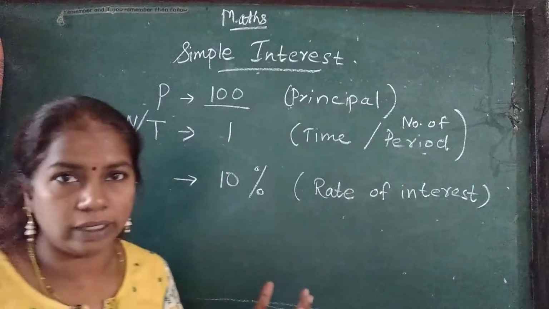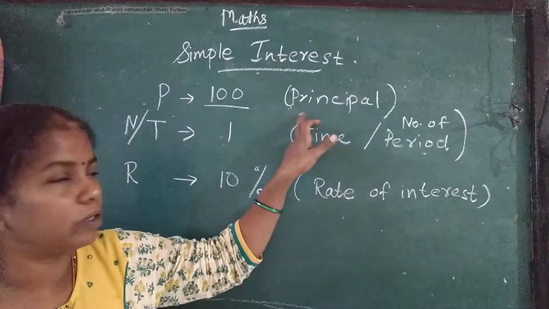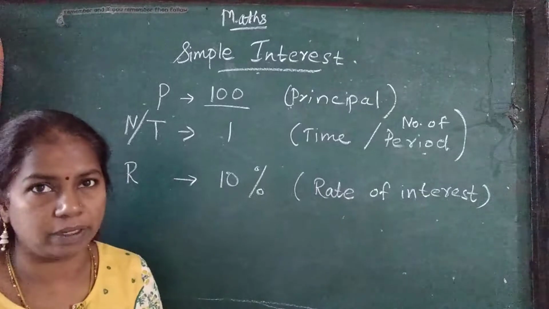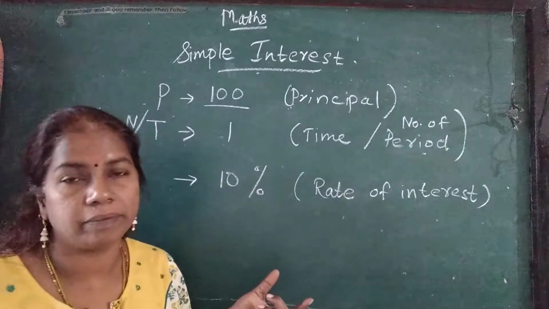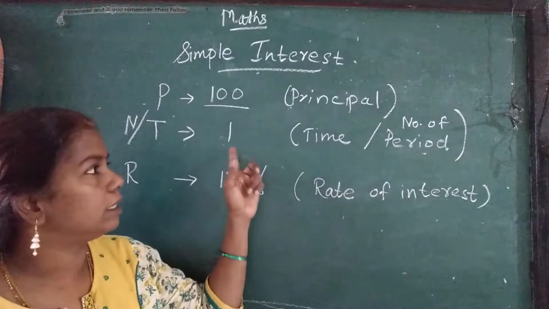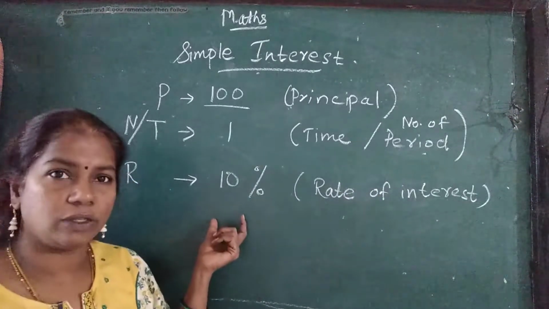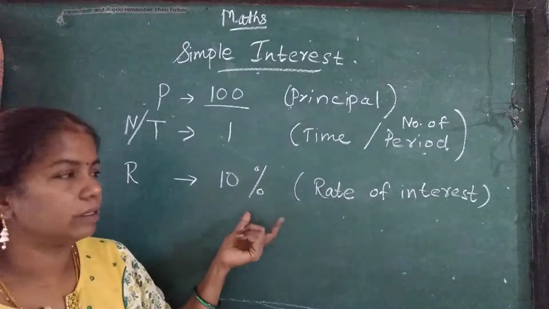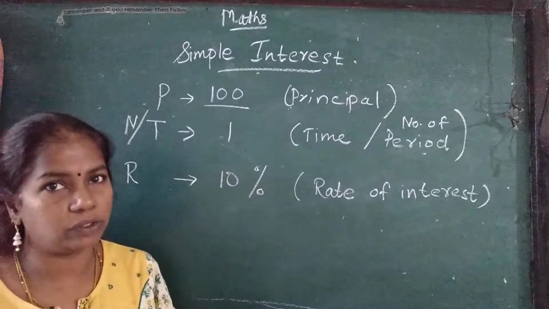Now you got it. I borrowed 100 rupees. That amount is called principal. Then the time period I asked from him to return the money is 1 year. So that is time, number of periods. Next, the rate of interest is 10%. Now how to calculate the amount which I have to return to my friend?